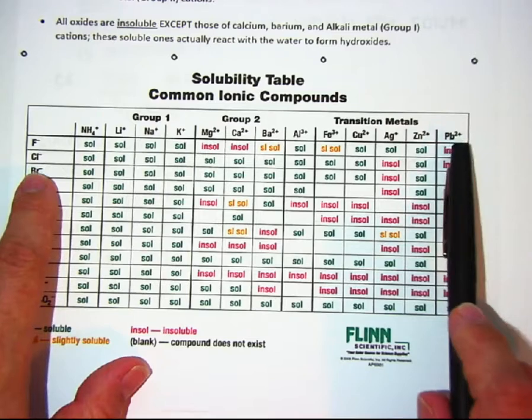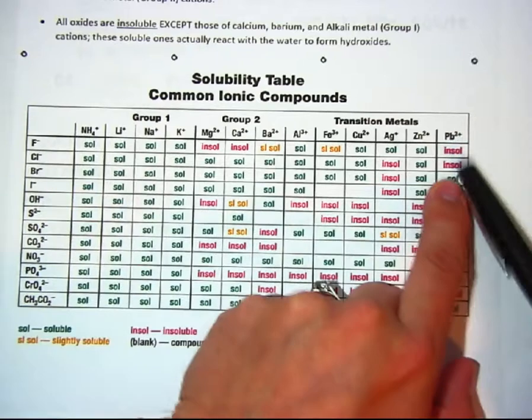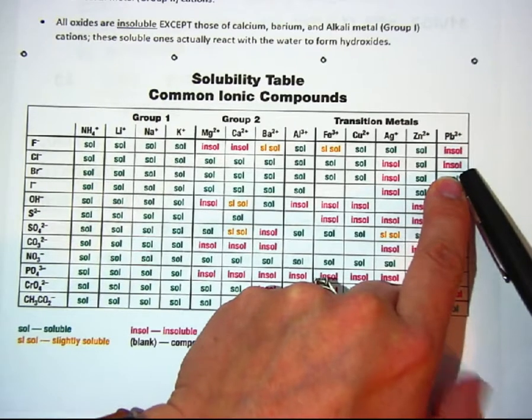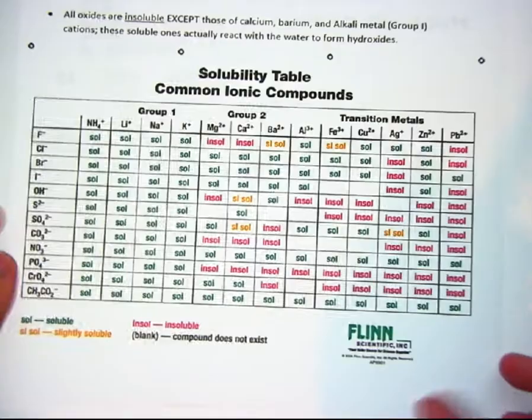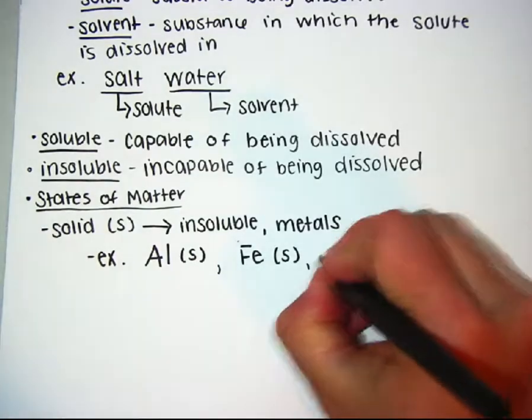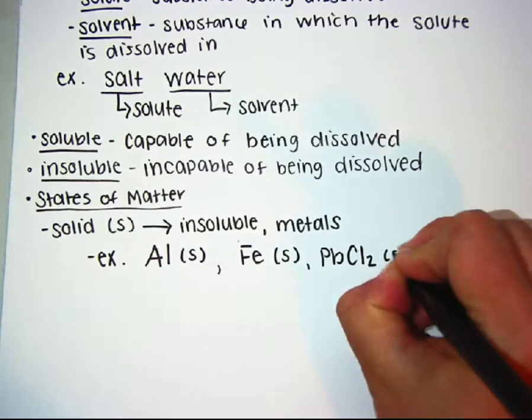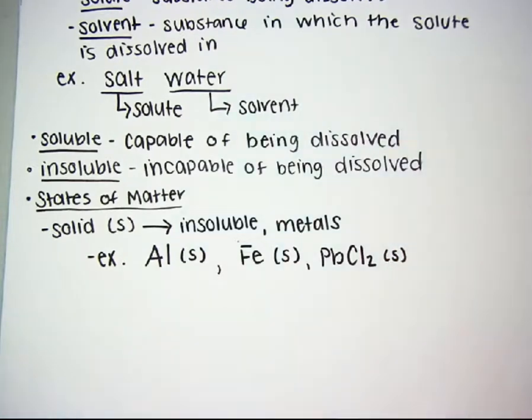We would find lead 2 along the top, find chloride along the bottom, and we would see where it intersects. Lead 2 chloride is insoluble. So if you were writing lead 2 chloride in an ionic reaction, it would get an S after it.